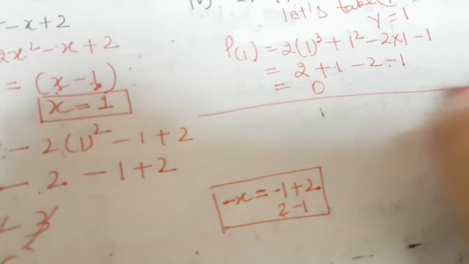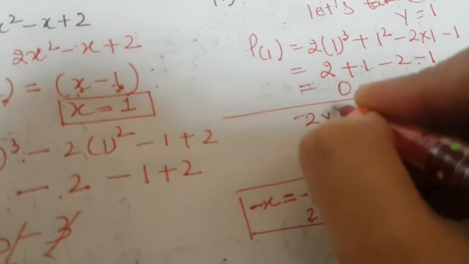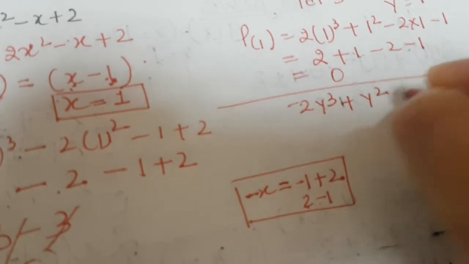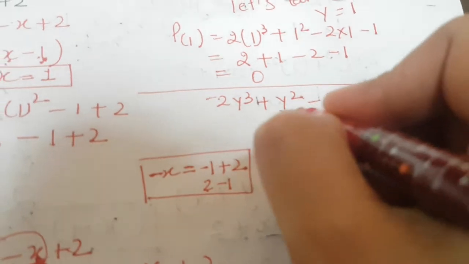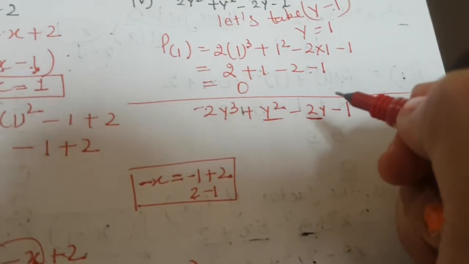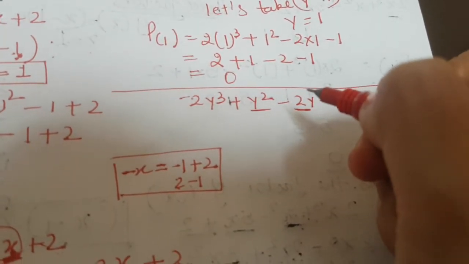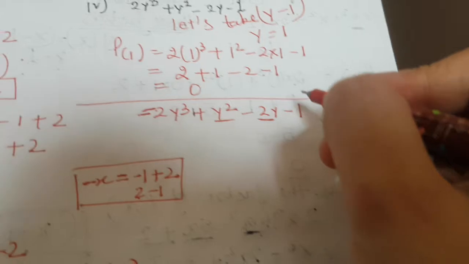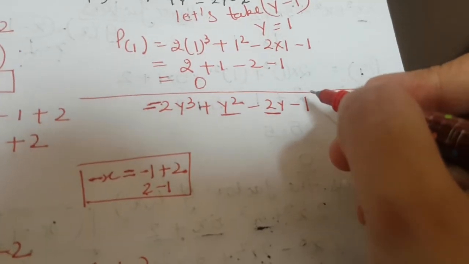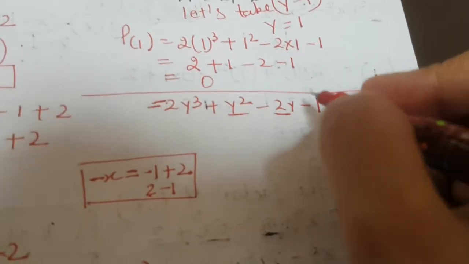So again write this polynomial, 2y cube plus y square minus 2y minus 1, and split these middle two terms so that in all three brackets y minus 1 should be there. When we make three pairs and take common, then y minus 1 should be inside the bracket.